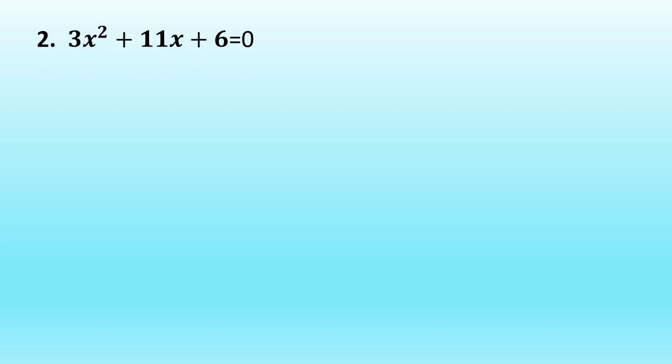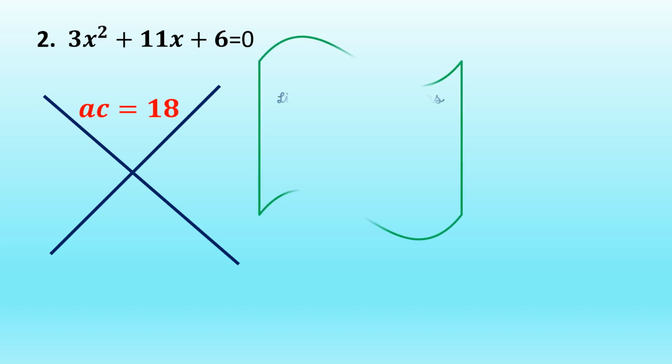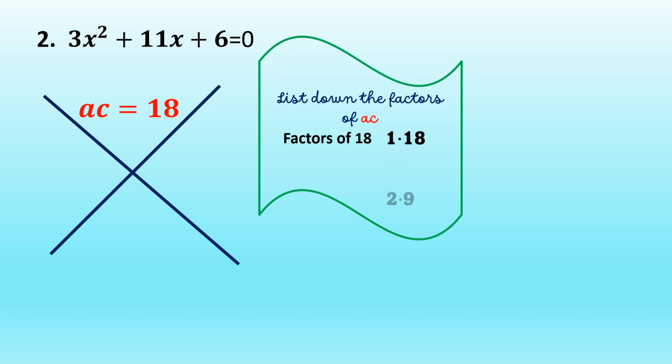Example number 2. 3x squared plus 11x plus 6 equal to 0. The product of ac, which is 3 times 6, is equal to 18. To find the factors, we have to list down the factors of ac or 18, which are 1 and 18, 2 and 9, 3 and 6.